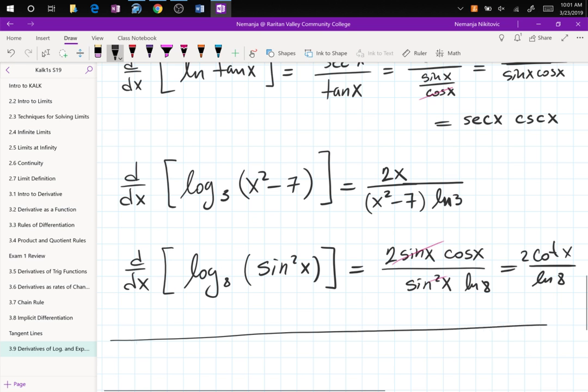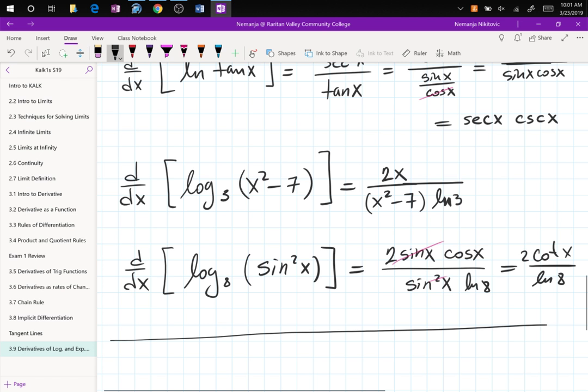And that takes care of that. So these are the basic exponential and logarithmic derivatives.